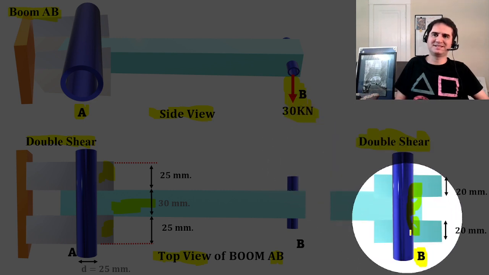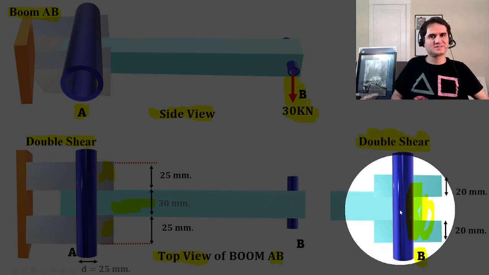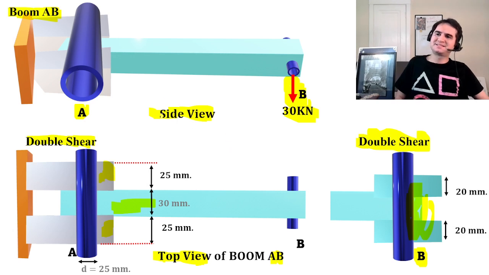From this figure, you can easily understand that the other far end is also in double shear. So let's see how that goes.